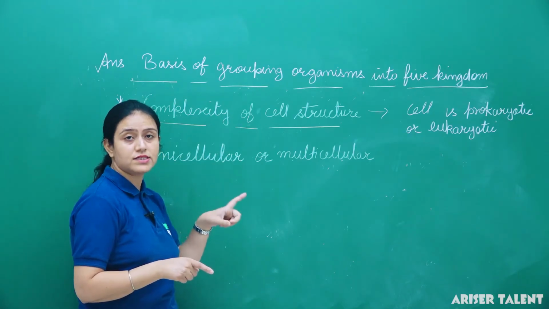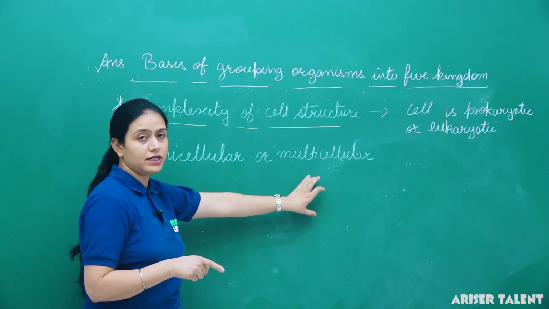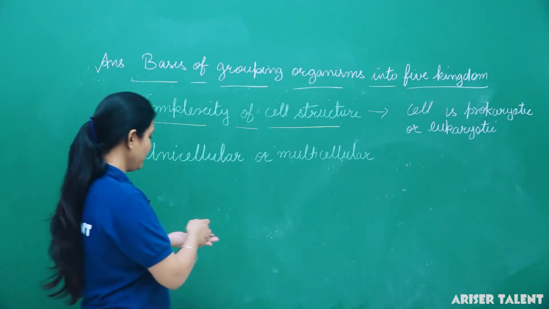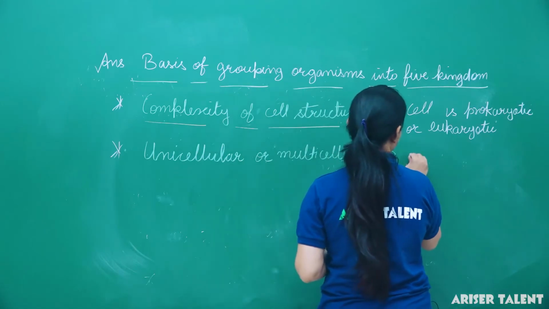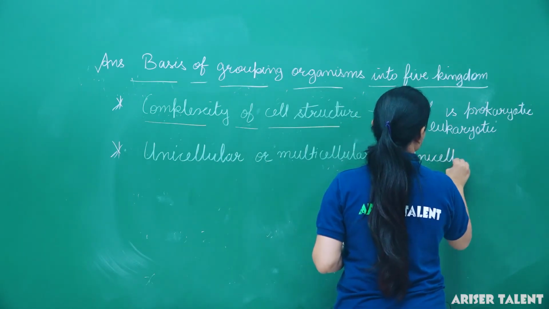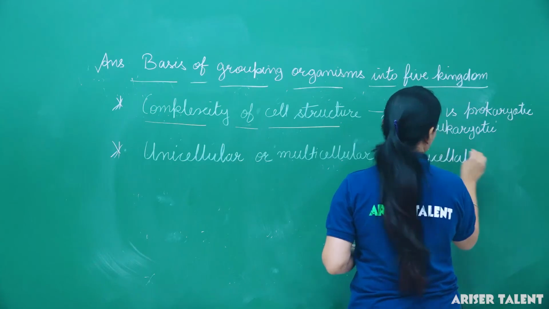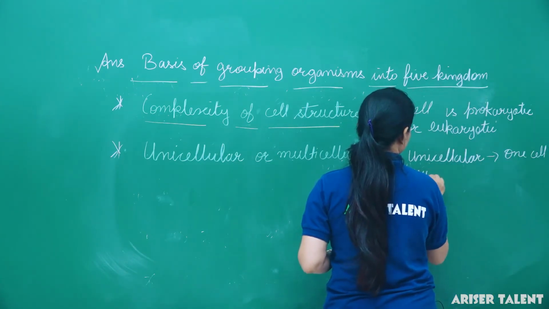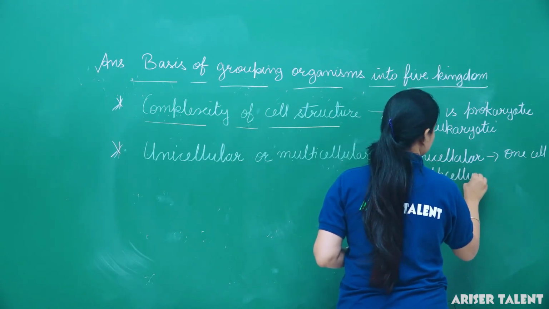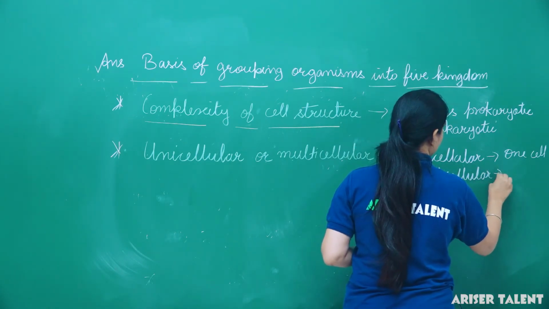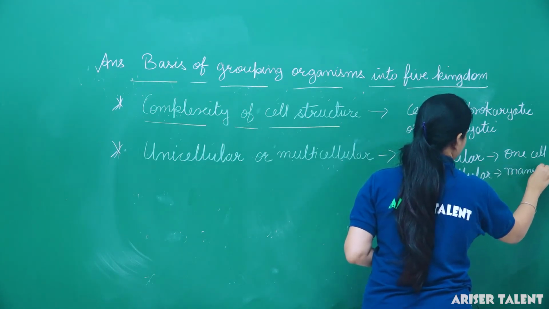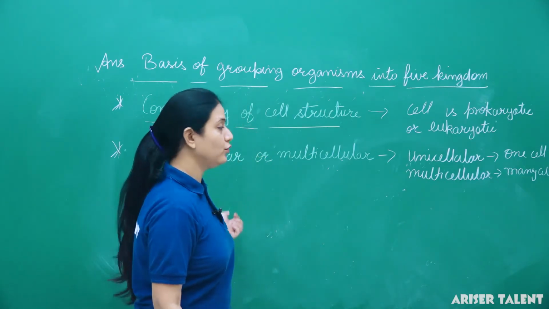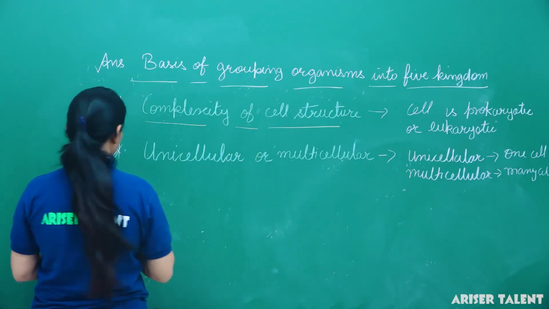Unicellular means made up of one cell, like amoeba, and multicellular means made up of many cells. So on the basis of unicellular and multicellular, they were again classified into different groups.